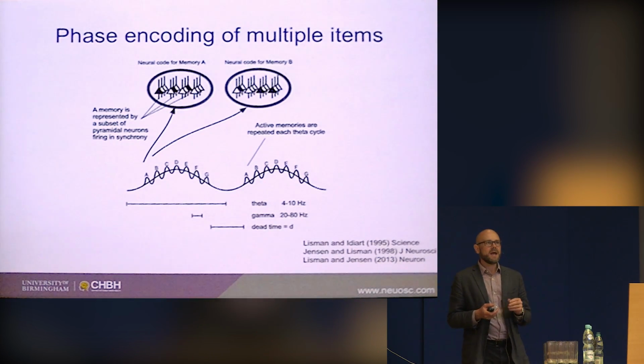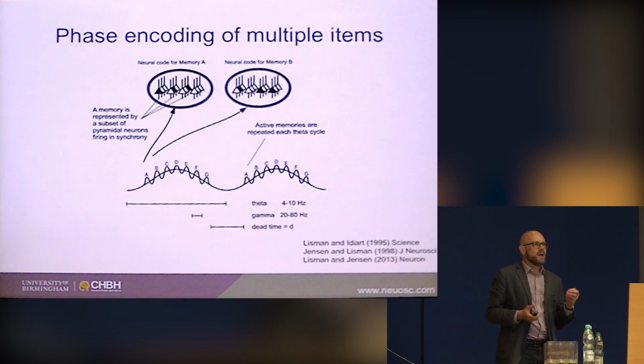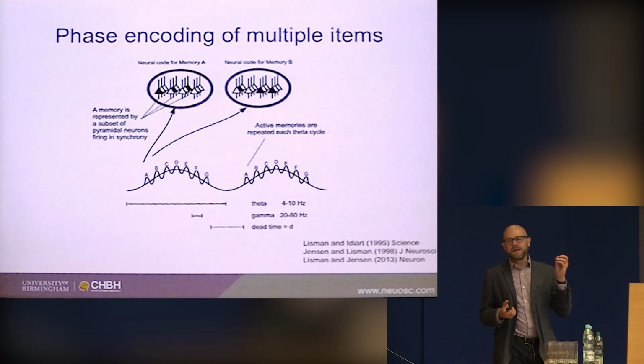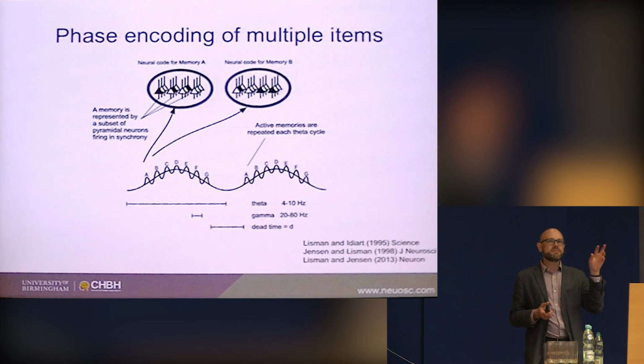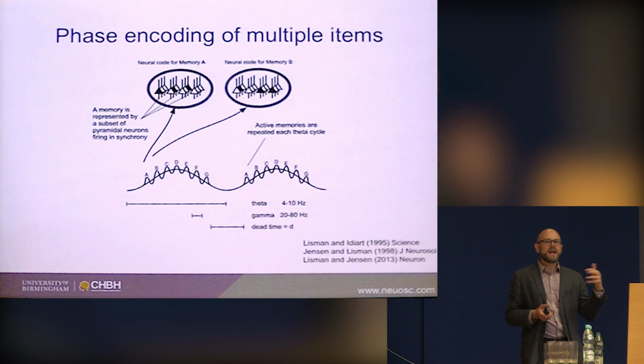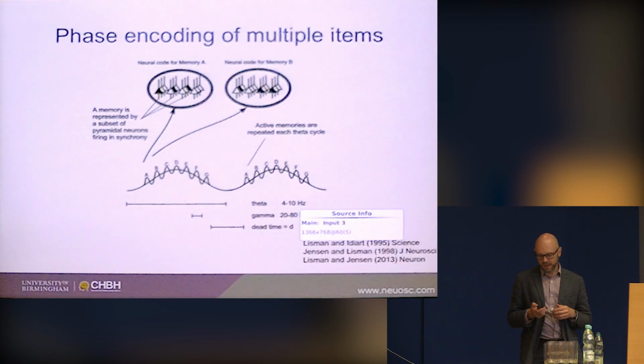So this is a bit of a crazy proposal, but when you look at the psychophysics, there's some consistency between the brain oscillations, the frequencies, and how you operate in terms of behavior when it comes to working memory maintenance and retrieval.